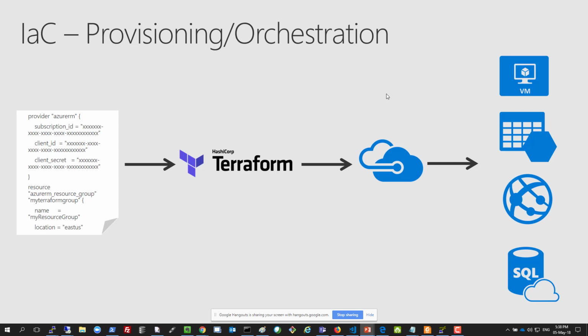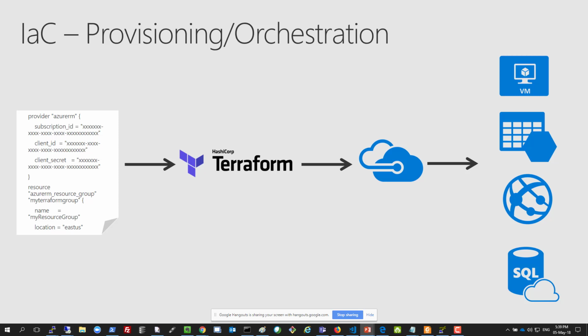The job or role of the tools under this category is mainly to provision infrastructure or resources. Remember that the role of these tools is not to configure existing servers, and it's not to build images like Packer does. The role is to provision infrastructure on different platforms.